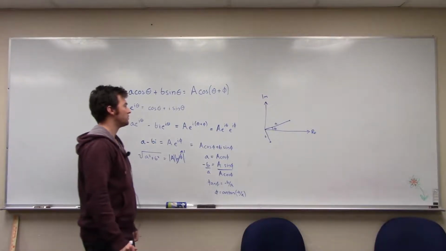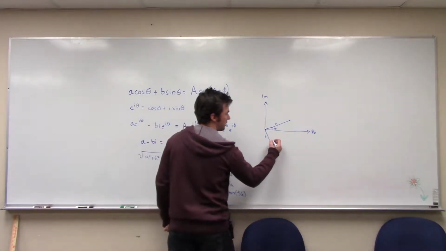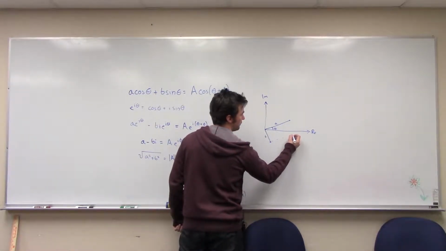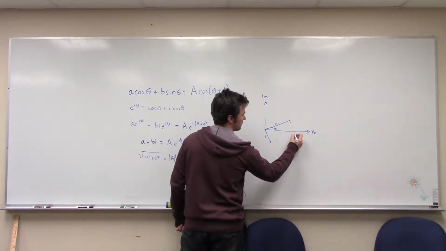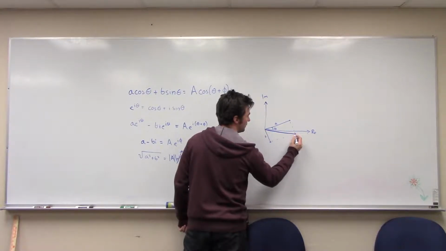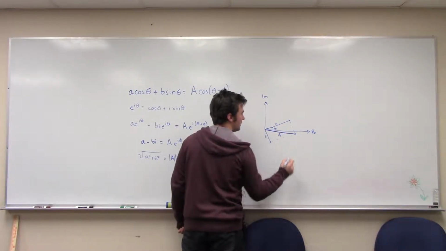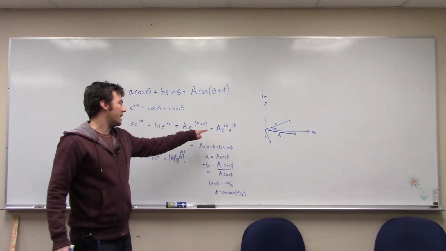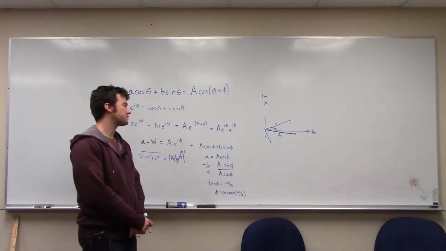All right? So that means that the vector sum, or the complex number sum, of these two things, which I can visualize by that, well, this here is A, capital A, e to the i theta plus phi.